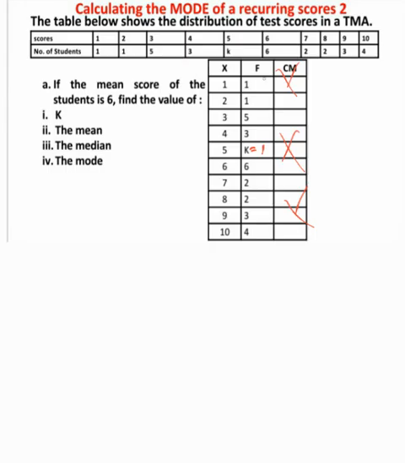Then we look for the data with the highest frequency. 1 is with a frequency of 1, 2 with a frequency of 1, 3 with a frequency of 5, 4 with a frequency of 3, 5 with a frequency of 1, 6 with a frequency of 6, 7 with a frequency of 2, 8 with a frequency of 2, 9 with a frequency of 3, and 10 with a frequency of 4. So the highest occurring data is 6. Therefore, 6 is the mode of this distribution.